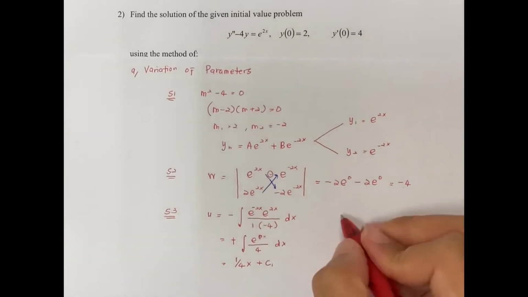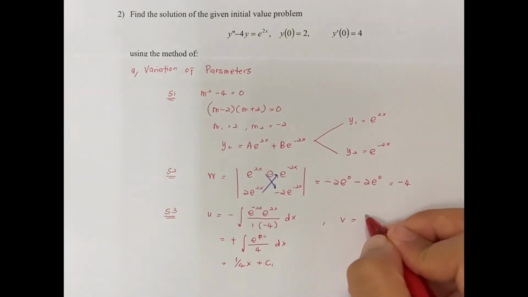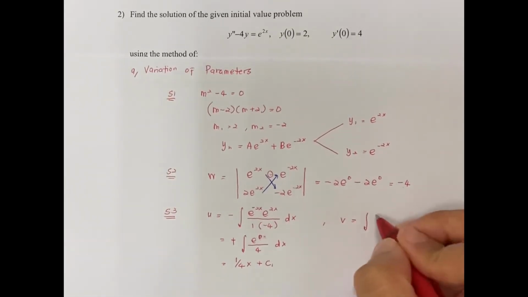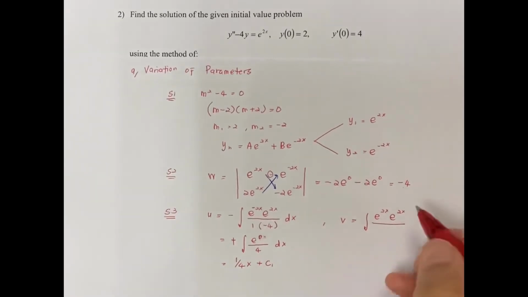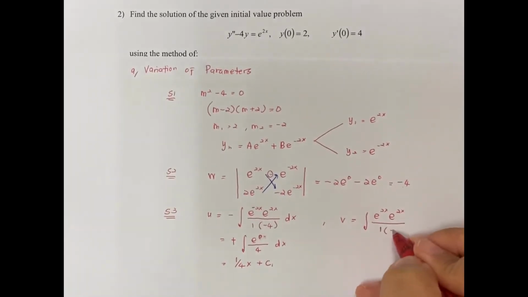Okay, and for v is equal to positive integration y1 is exponent 2x, fx is exponent 2x divided by a is 1 and Wronskian's value is negative 4 dx.